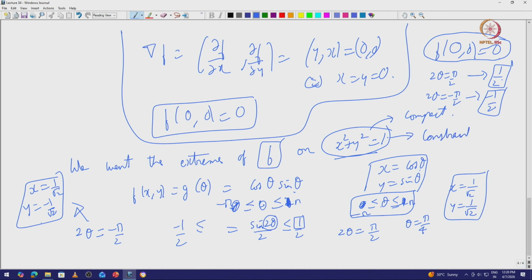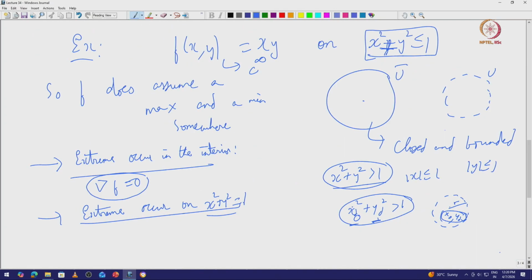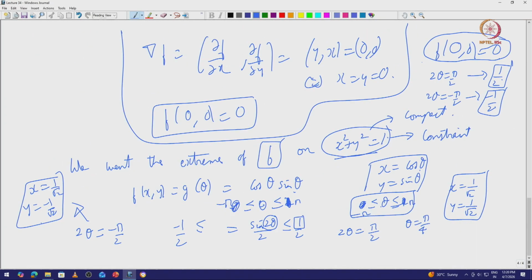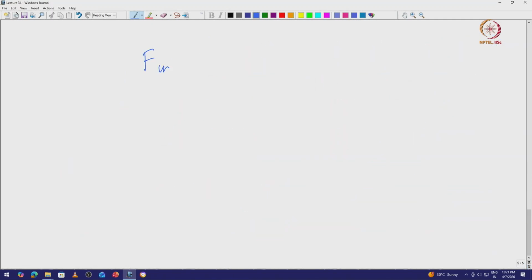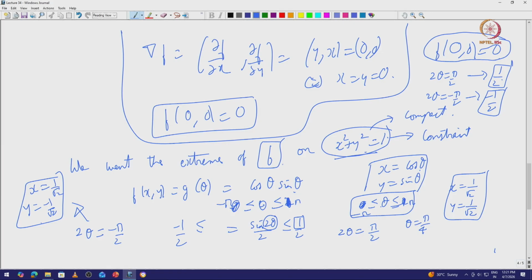Even this is subject to a constraint, except that this constraint is lying on a level set of a function, right. What we mean is, we can abstractly phrase this problem as: find the extrema of f subject to the constraint g equals 0.